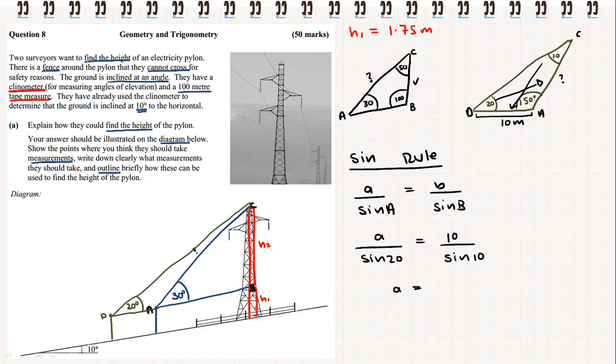Therefore A is going to be 10 multiplied by the sine of 20 degrees over the sine of 10 degrees. If we go to our calculator, we'll find that A is equal to 19.6962, and because we have 10 meters, that's going to be 19.6962 meters.